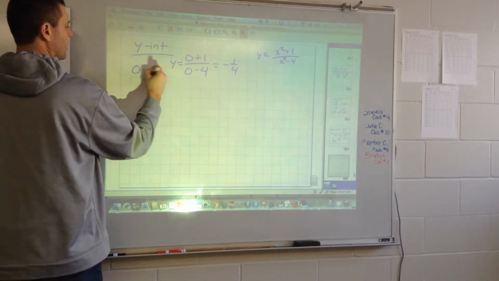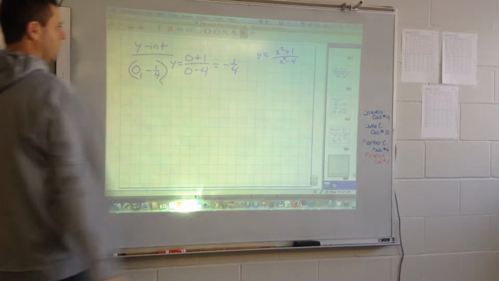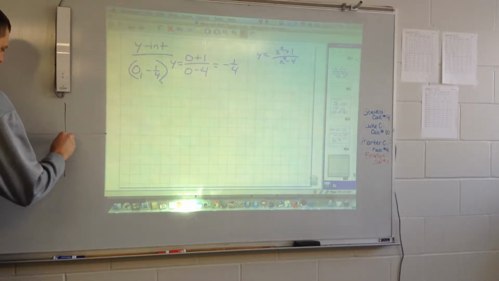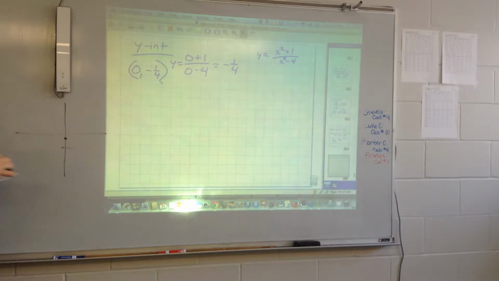So 0 comma negative 1/4 is your y-intercept. If you were in the process of drawing a graph, put the first point at least on your graph. That's the first point we found.